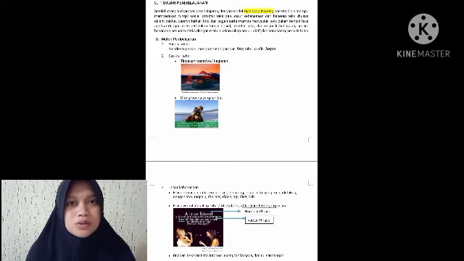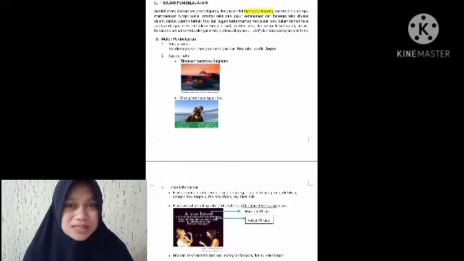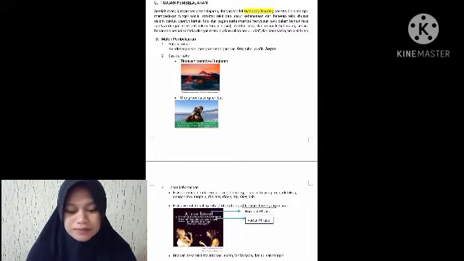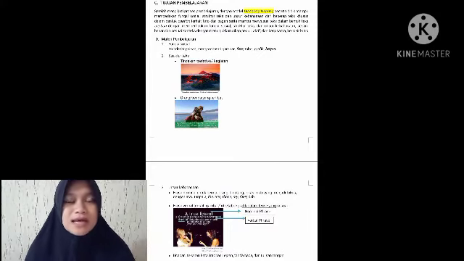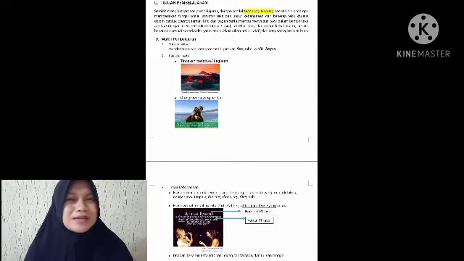And I also have printed pictures for the students' worksheet, so they can see the pictures itself, and they can match the picture with the right caption.